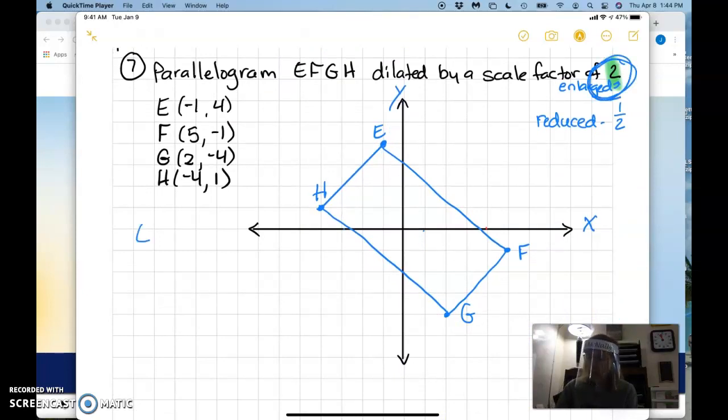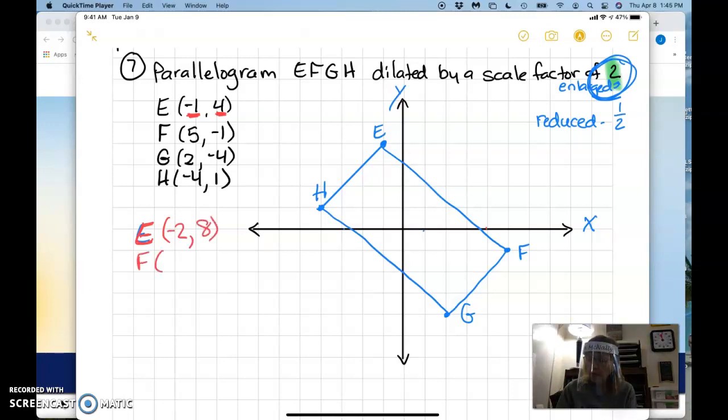So my new parallelogram: negative 1 times 2 is how much? Negative 2. How about 4 times 2? 8.